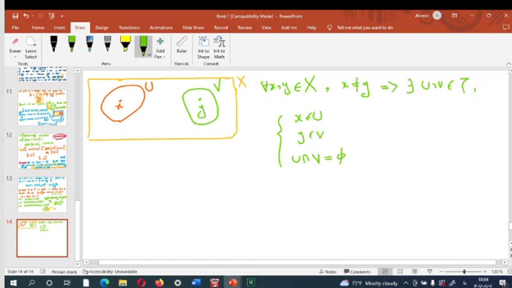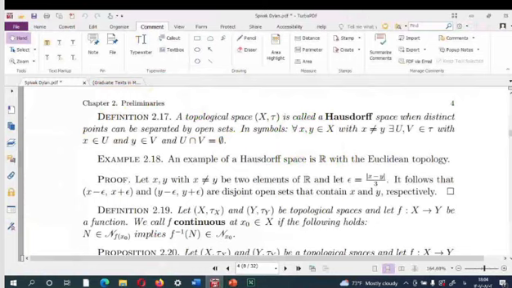We say that this is a Hausdorff space. Hausdorff was a mathematician.